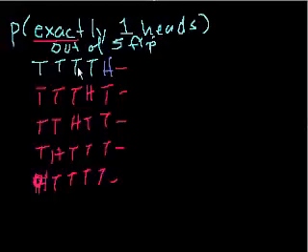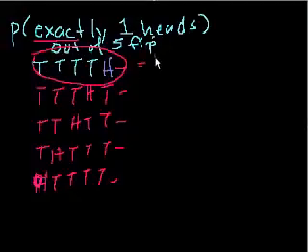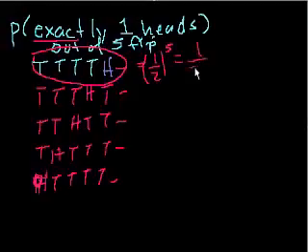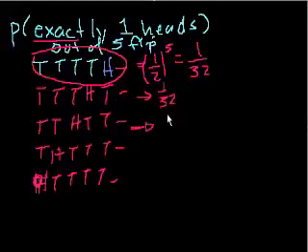So what are the chances of any one of these possible outcomes? Well, if we just look at this one, there's a chance of 1/2, 1/2, 1/2, 1/2, 1/2. So it's 1/2 to the 5th power, which is equal to 1/32. And you use the same logic. Each of these is 1/32.